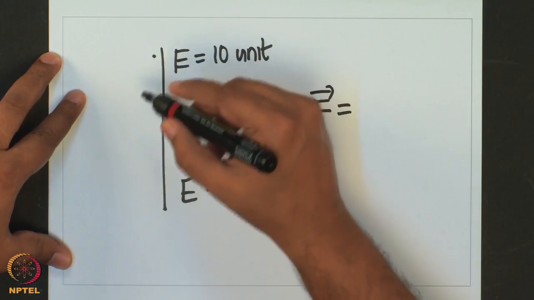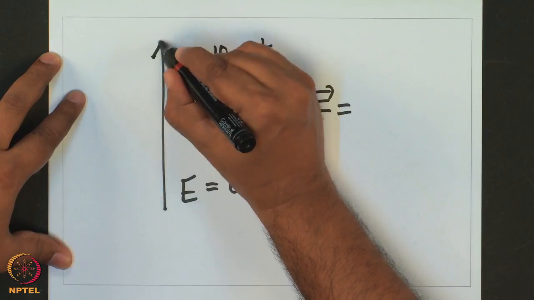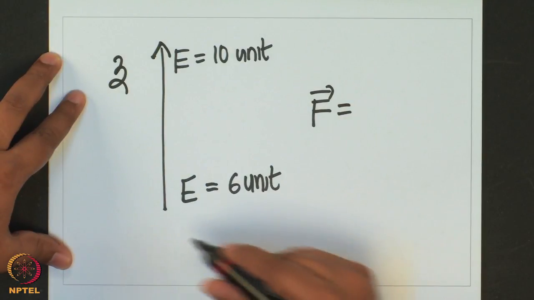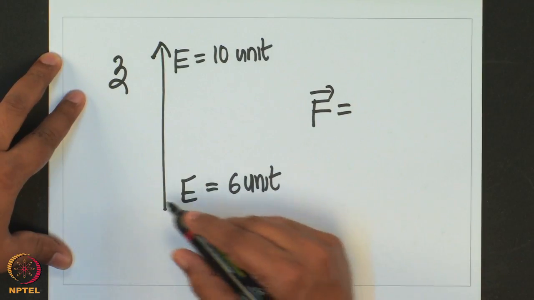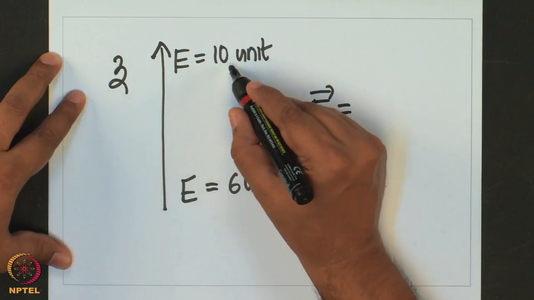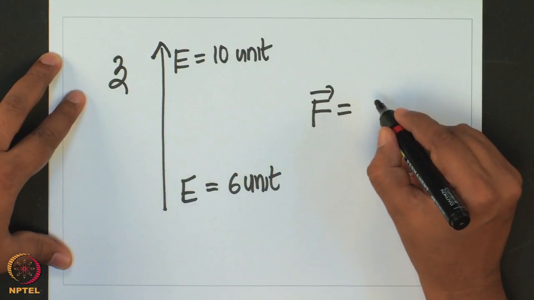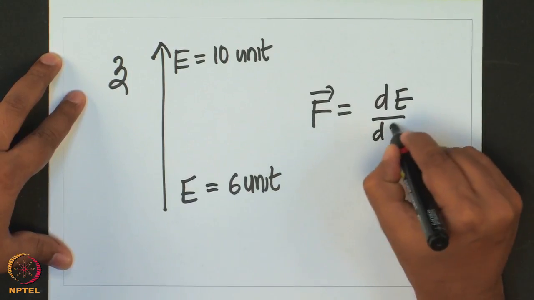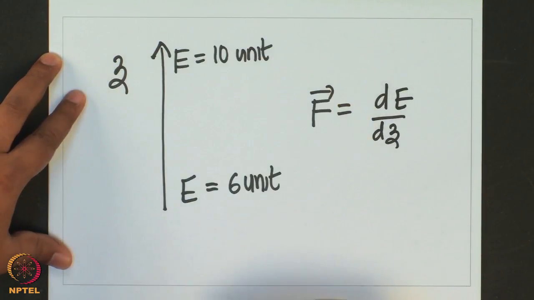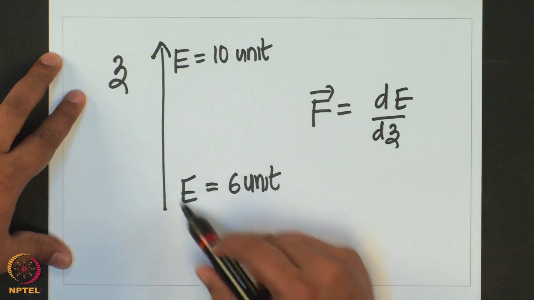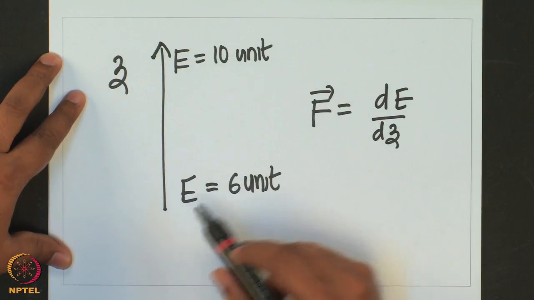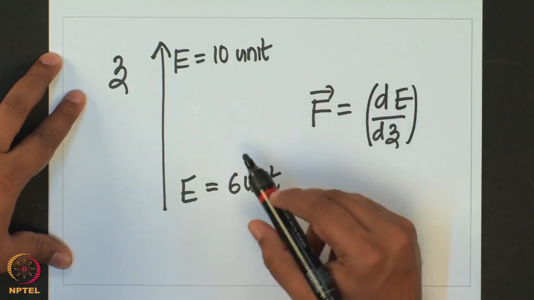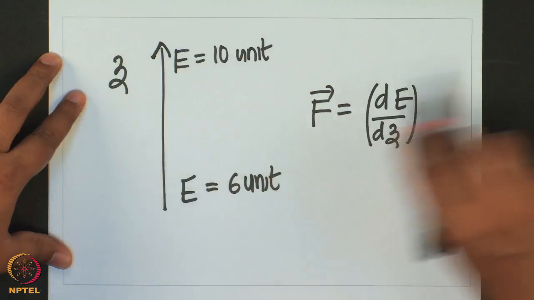If I take this as the z direction, the energy is 10 units here and 6 units here. How does this energy change along z? The energy will increase as z increases, so dE by dz will be a positive number, but the force will be along the opposite direction.